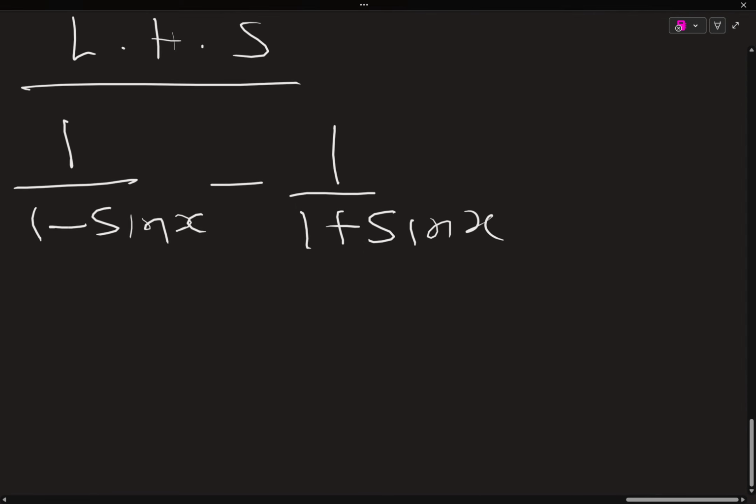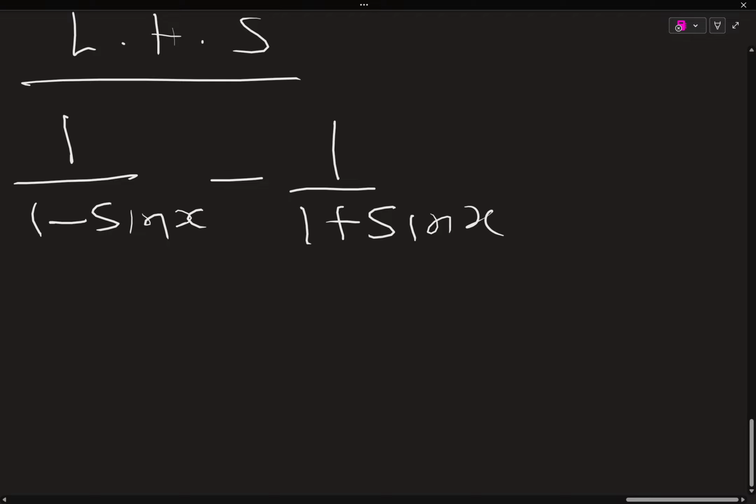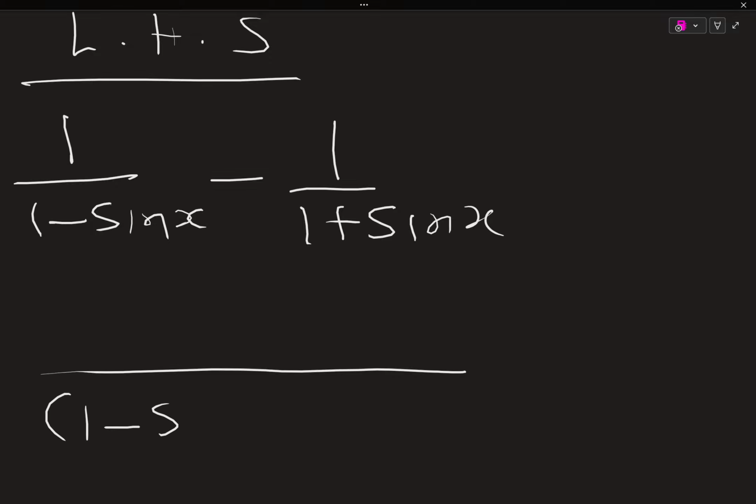Once I pick that, these are my two denominators, so I'm going to simply multiply them together, which is 1 minus sine x times 1 plus sine x.